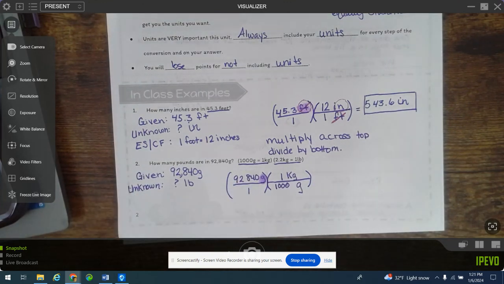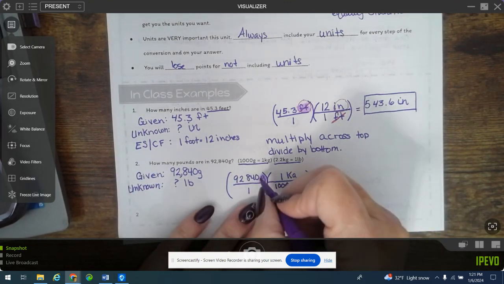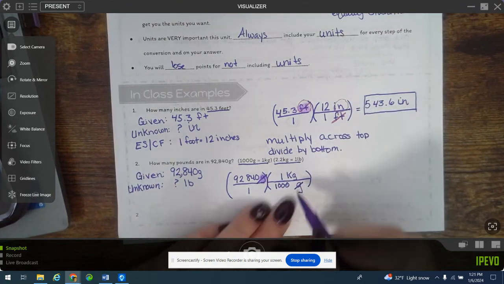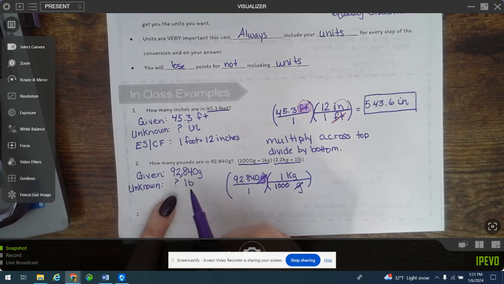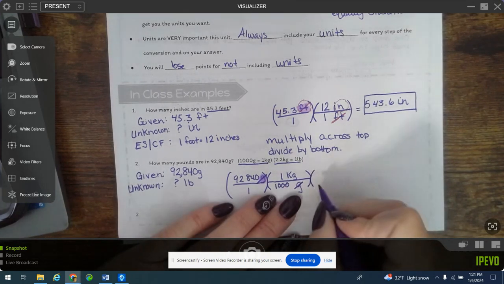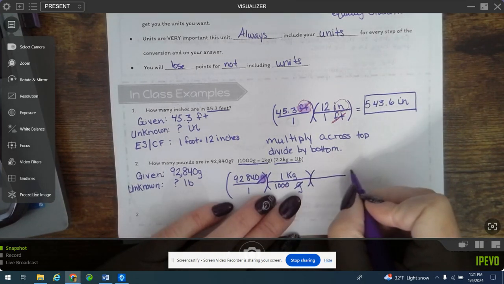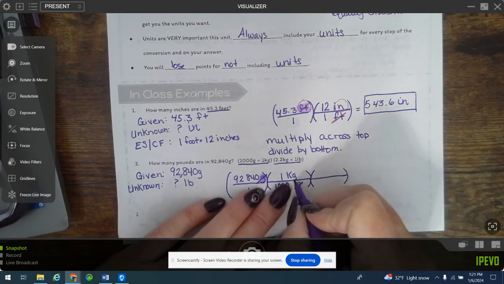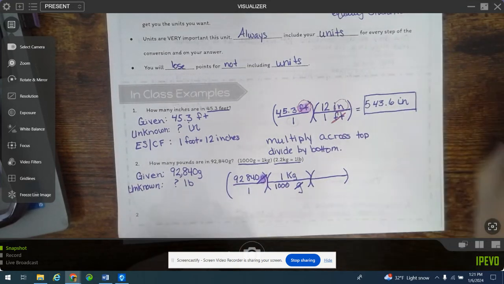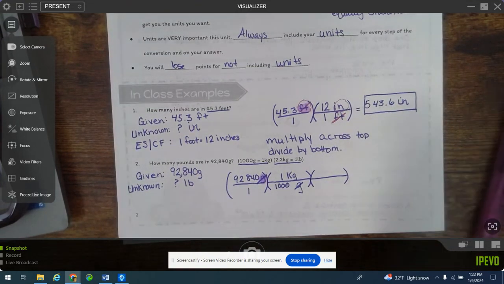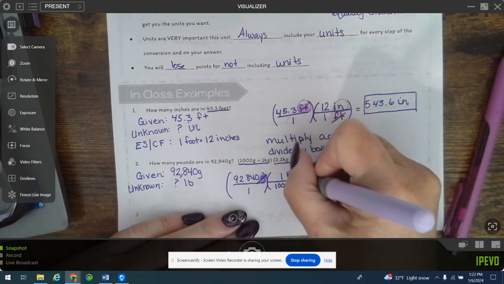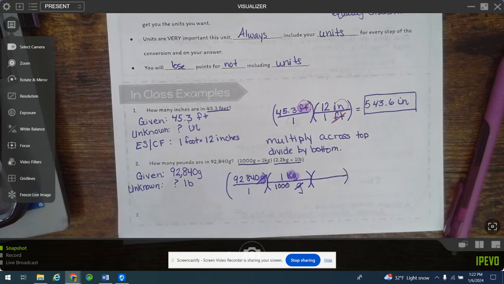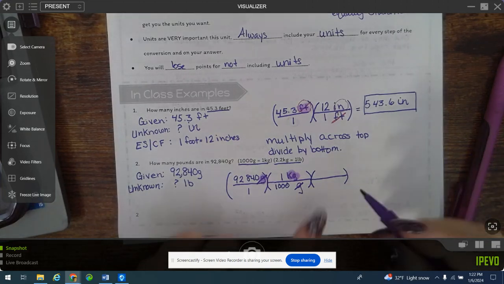That's the first. Now, if I stopped here, my grams would cancel out and it would leave me with kilograms. But I need to get to pounds. So I need a second conversion factor. Since I have kilograms up here, I need to have kilograms on the bottom down here.